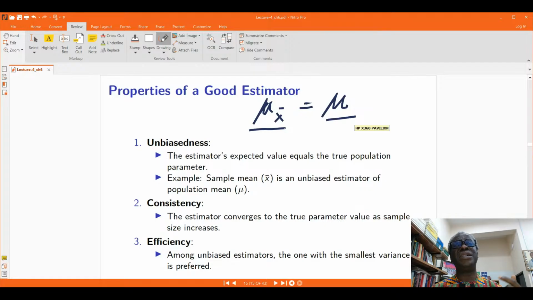So if you look at how your estimator behaves as you increase your sample size, it's expected that as you increase your sample size, you are getting closer to the fact. For instance, an incident happened and you want to establish the truth, and you ask only one witness what happened.